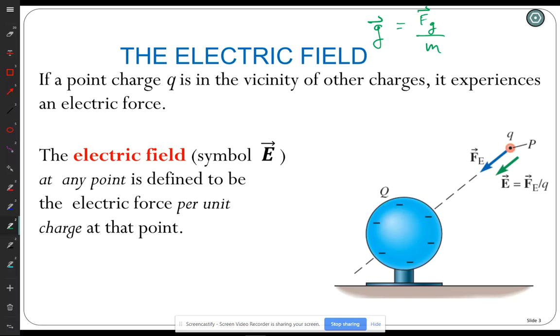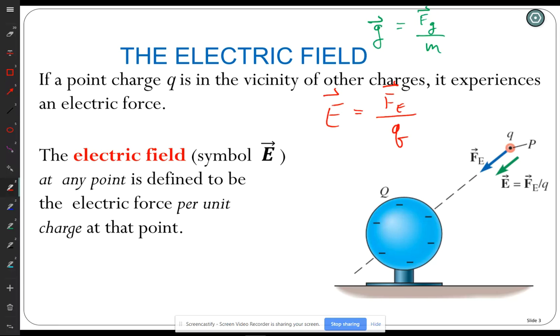So gravitational force, the charge for gravitational force is mass. That's what the force depends on. For electric field, the electric force depends on the electric charge. And so the electric field is defined in exactly the same fashion as E vector is the electric force divided by charge.